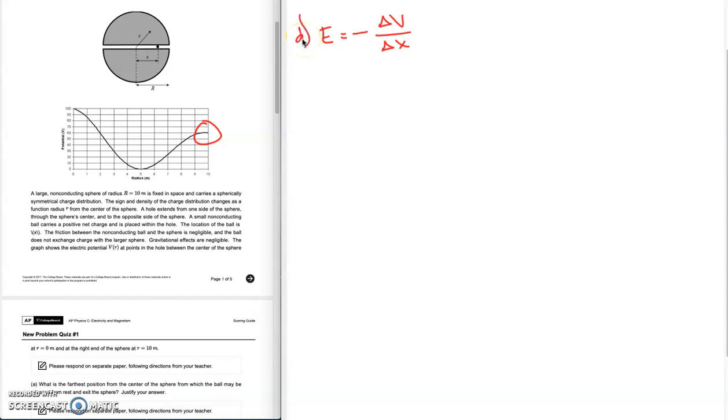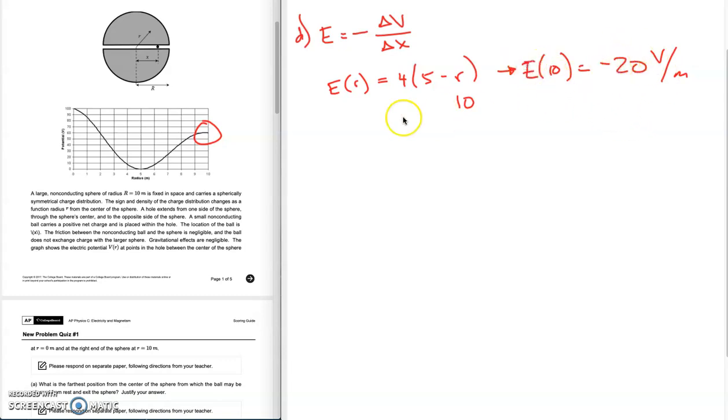But if we look at the function we were given, 4 times (5 minus R), and plug in 10, we get a negative 5, so E of 10 is equal to negative 20 volts per meter. That doesn't work because that's supposed to be a 0 here.